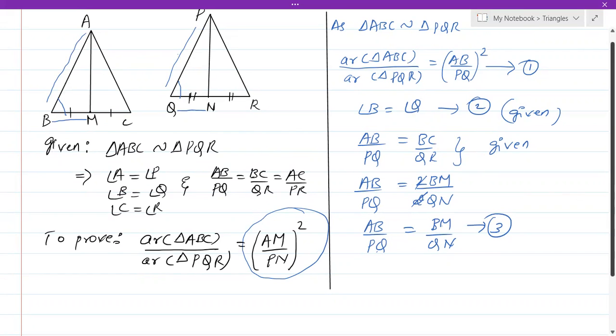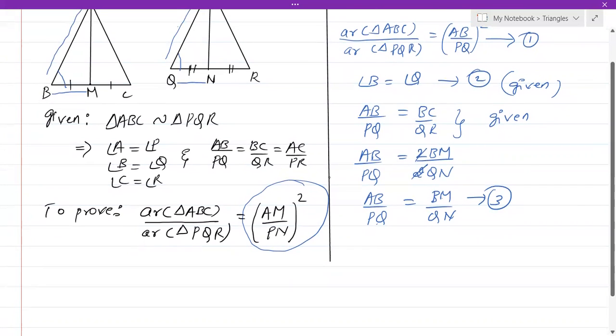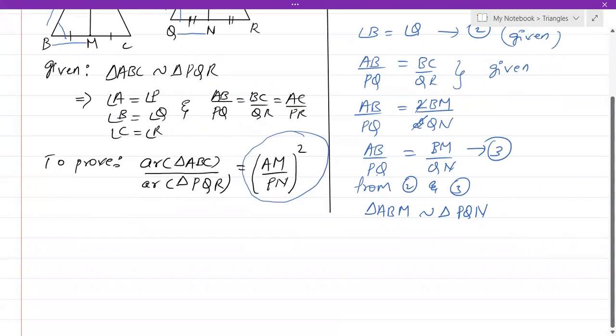One angle is equal and sides containing that angle are in ratio. Therefore, from 2 and 3, we can conclude that triangle ABM is similar to triangle PQN. If the two triangles are similar, it implies the corresponding sides are in proportion, isn't it? Therefore, AB by PQ will be equal to BM by QN, and I'll take the last one, AM by PN. Corresponding sides are in proportion.